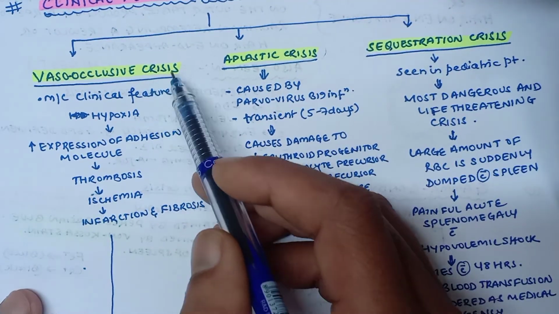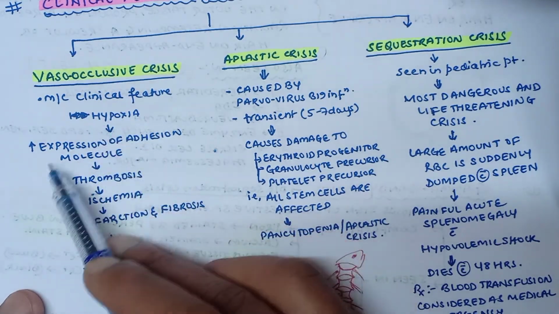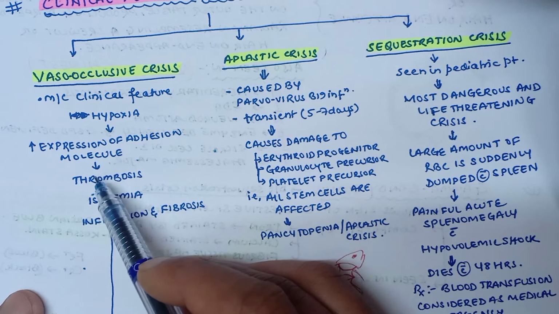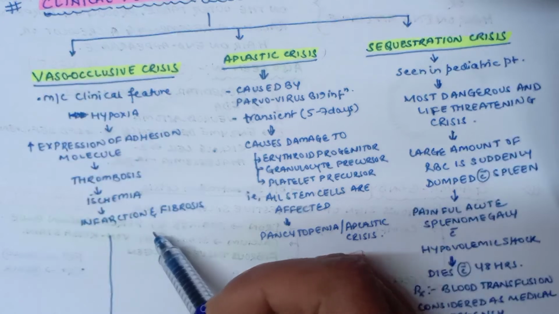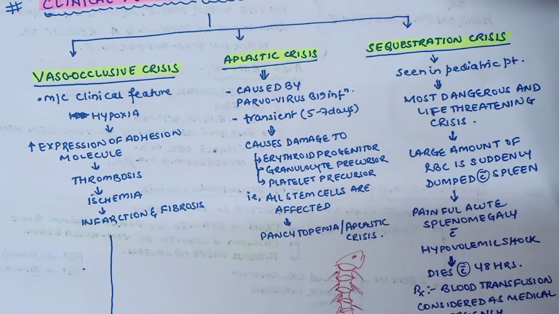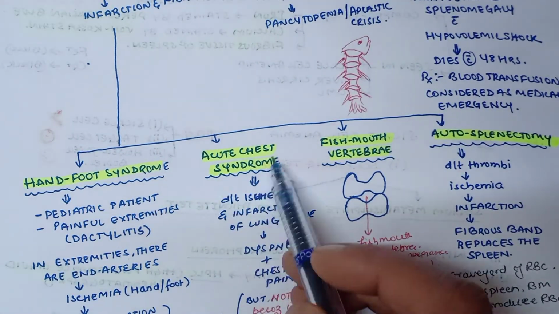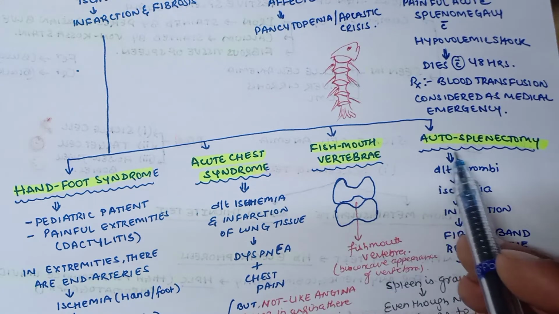In vaso-occlusive crisis, as we have already discussed, hypoxia will cause increased expression of adhesion molecules, which will result in thrombosis. This will cause ischemia, infarction, and fibrosis, which will result in other symptoms like hand-foot syndrome, acute chest syndrome, fish-mouth vertebra, and autosplenectomy.